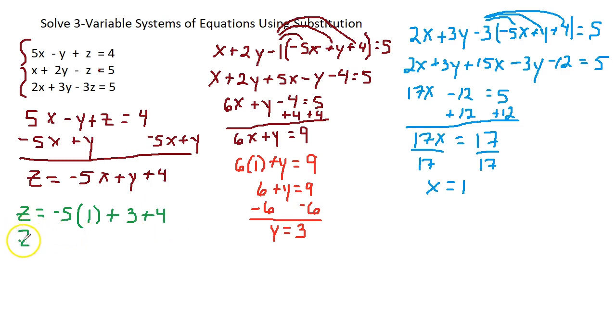Well, negative 5 times 1 is negative 5 plus 3 plus 4. Negative 5 plus 3 makes negative 2. Negative 2 plus 4 gives me positive 2. So z equals 2. So my ordered triple, you always write it as x, y, z. X is 1, y is 3, z is 2.